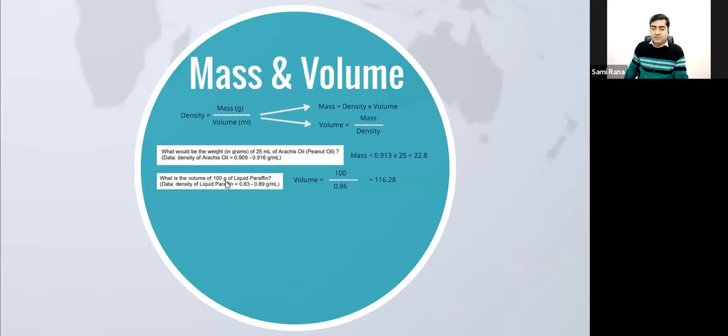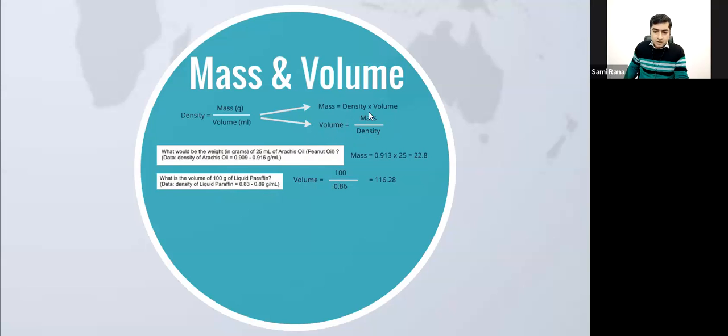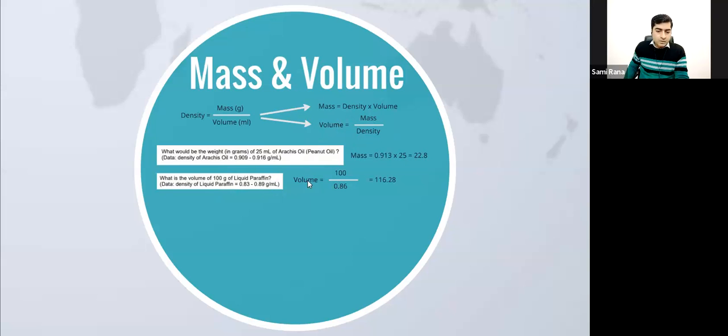If it's given in milligrams or micrograms, we need to convert it into gram. The formula goes like the one above, volume is equal to mass per density. Volume is equal to mass. Mass is given as 100 grams and density is given as here.